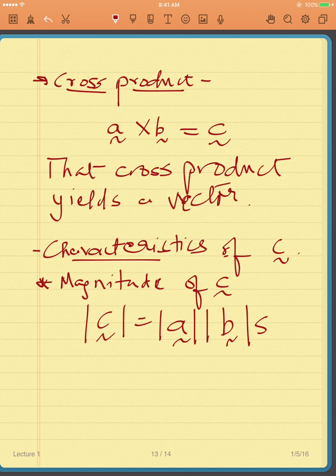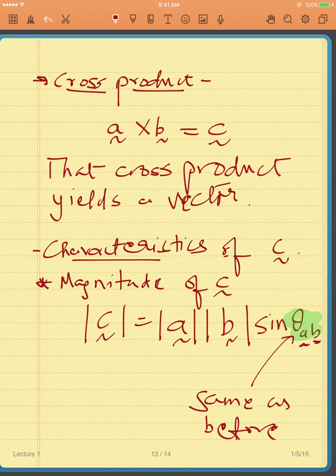So we have the sine of theta AB, the sine of the angle between the two, and that theta AB is determined the same as before, by the same process as shown in the previous pages.